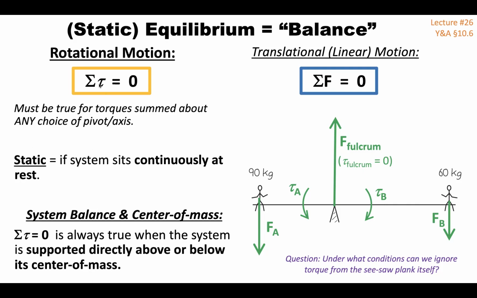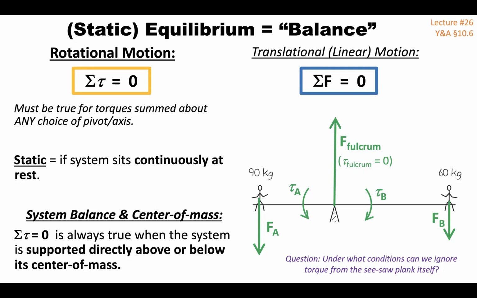And when we talk about summing the torques, we mean summing the torques about any choice of pivot or rotational axis that we might choose along this system. In the case of a seesaw, there's a natural choice of a pivot right here at the fulcrum. But for some static equilibrium problems, it's not obvious where to choose the pivot.